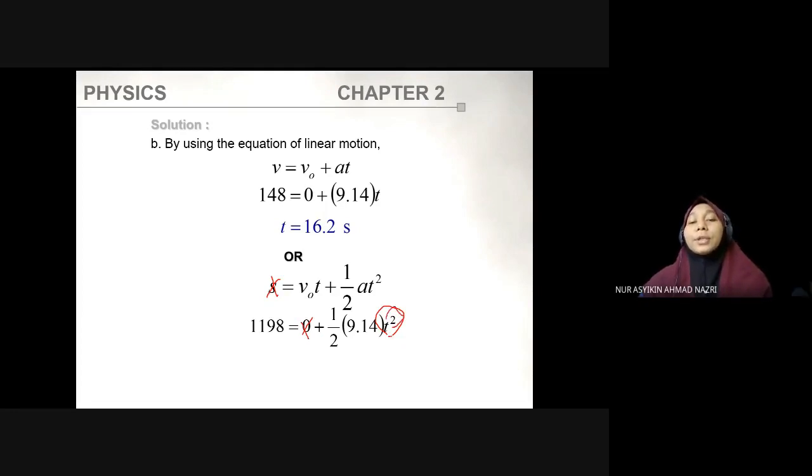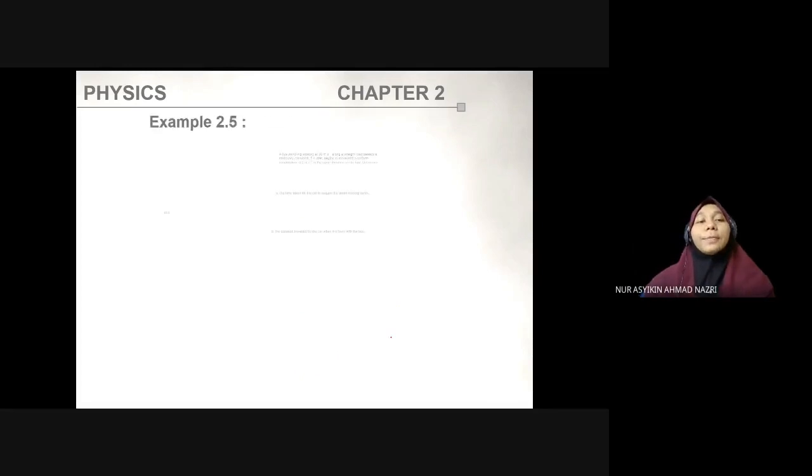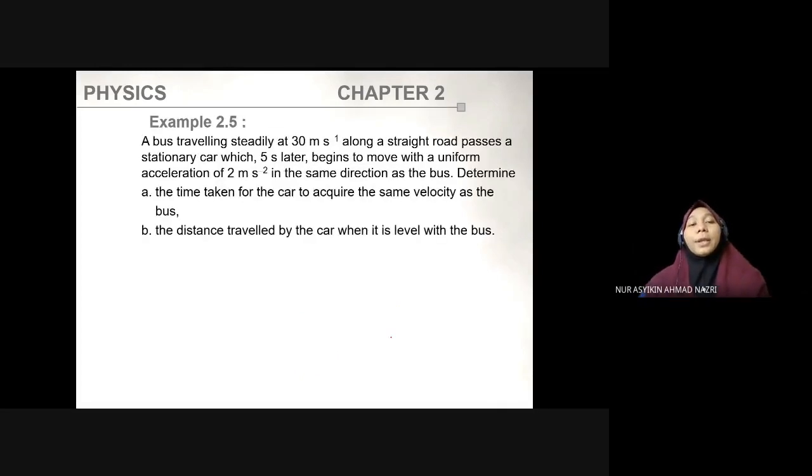And since this is quadratic, it will produce positive and negative. But since time is a scalar, it has no direction, so you need to choose the positive time. Right?